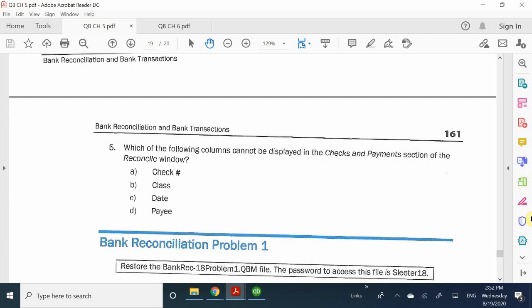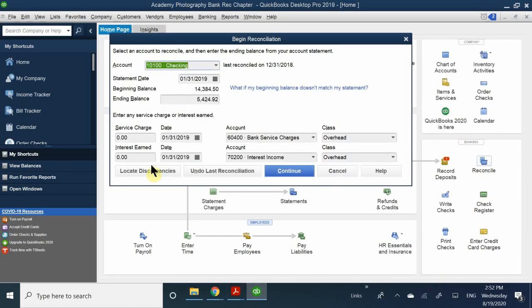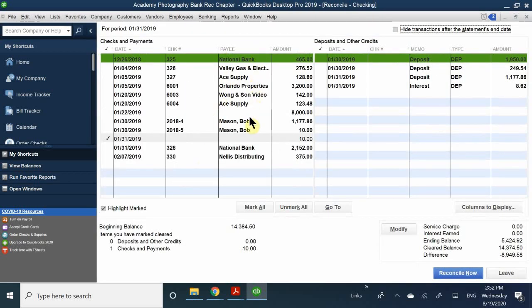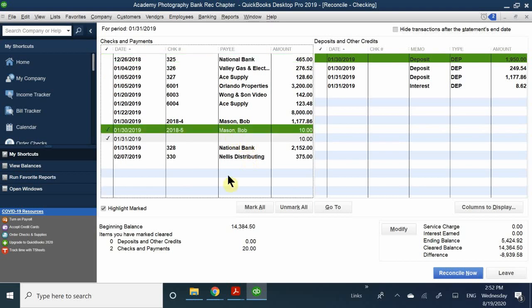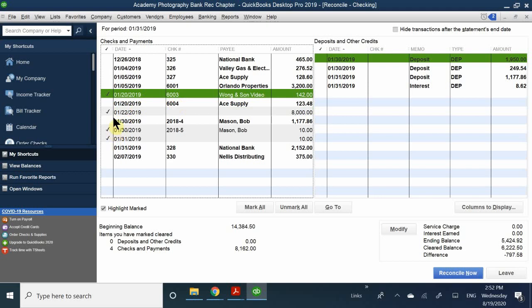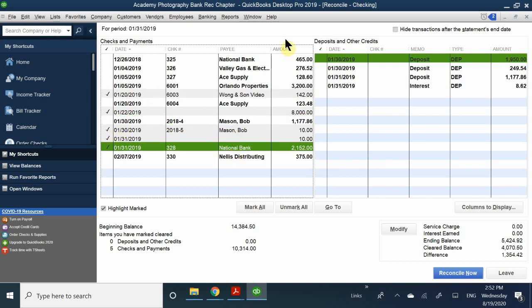Wait a minute, we didn't see the class. Right, we didn't know what location it was for. Here you do get the payee. It tells you right here you made a payment to Bob Mason. You have the date, you have the check number, you have who you made the payment out to, but you don't have the class.